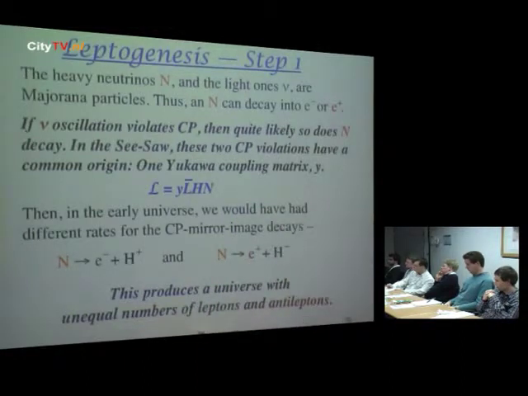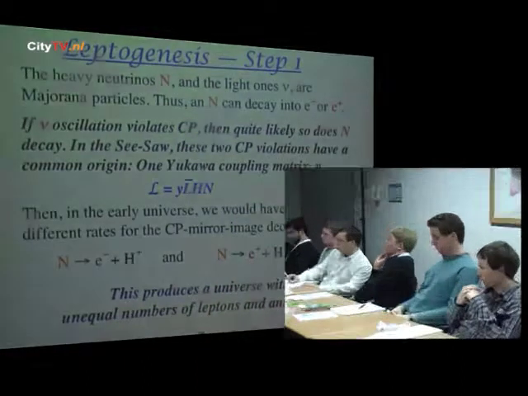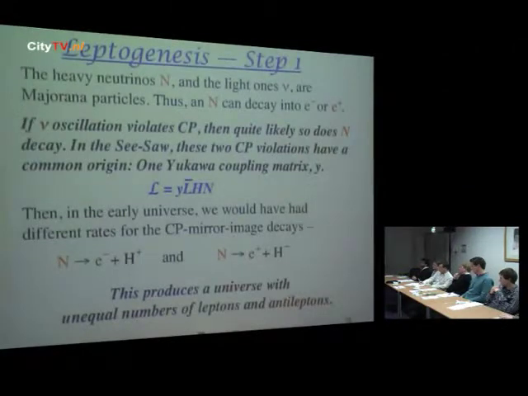On the other hand, if you do see neutrinoless double beta decay, while that increases the plausibility of the Seesaw, it doesn't prove it, obviously. There could be other lepton-violating processes than Majorana masses, or there could be Majorana masses, but not the Seesaw.